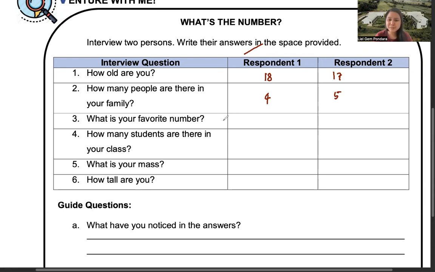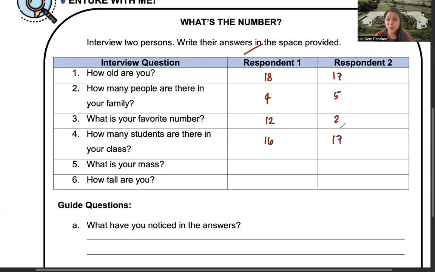I've seen 12. I've seen 2. Next, number 4. How many students are there in your class? I've seen 16. I've seen 17.